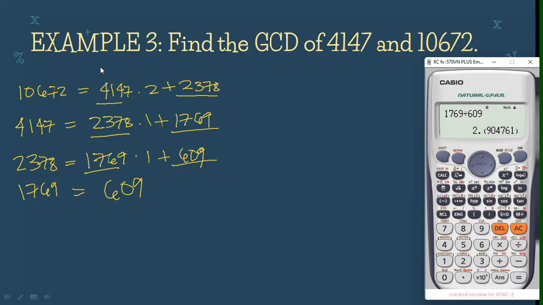So, i-multiply po natin siya by 2. Plus 609 times 2 is equal to 1,212. 1,769 minus the answer is equal to 551. So, yun po yung magiging remainder natin.